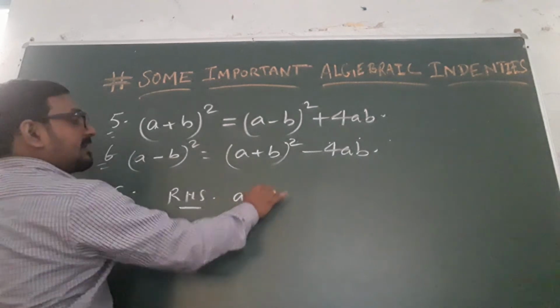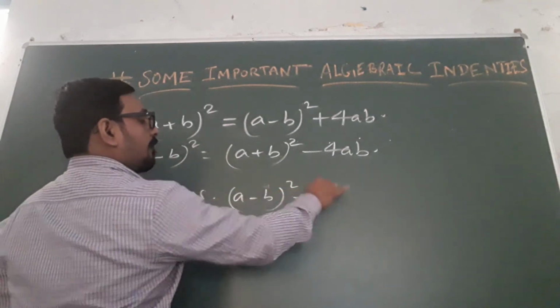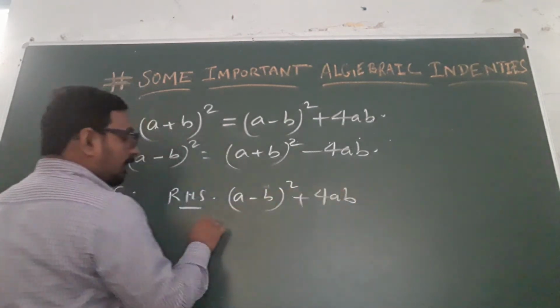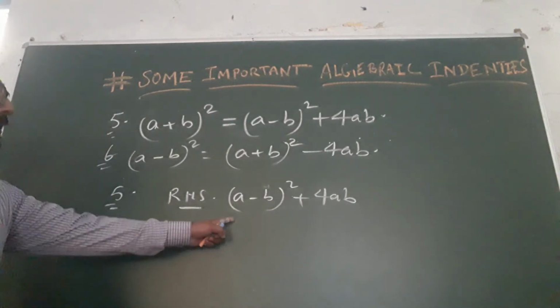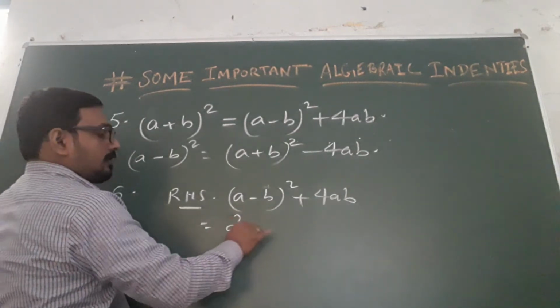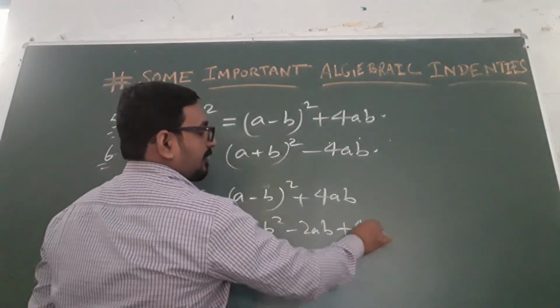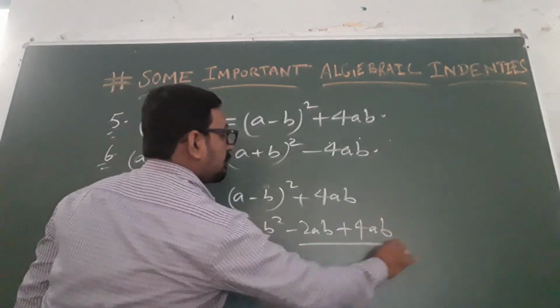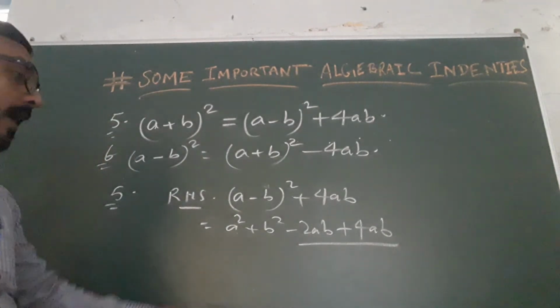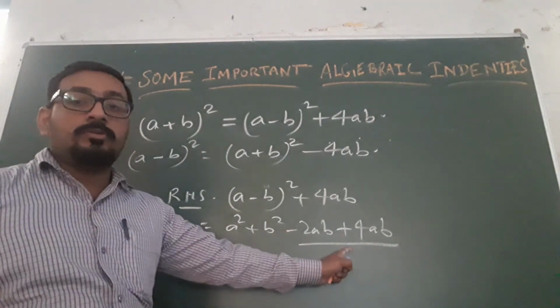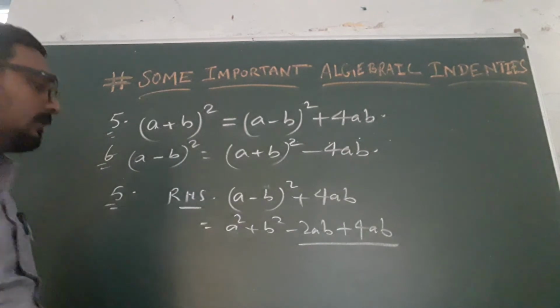RHS is a minus b whole square plus 4ab. So using the formula of a minus b whole square, it becomes a square plus b square minus 2ab, and plus 4ab. Now see here, these two are like terms having different signs. The action for different signs is subtraction.